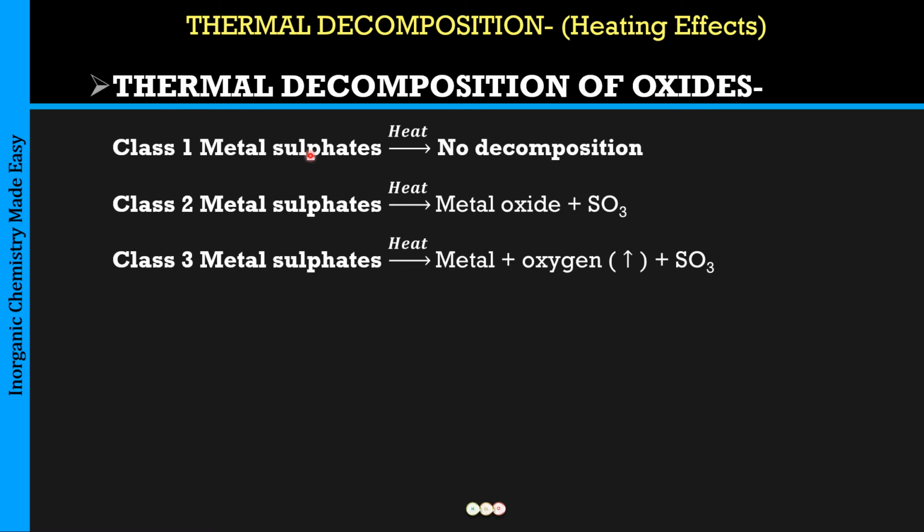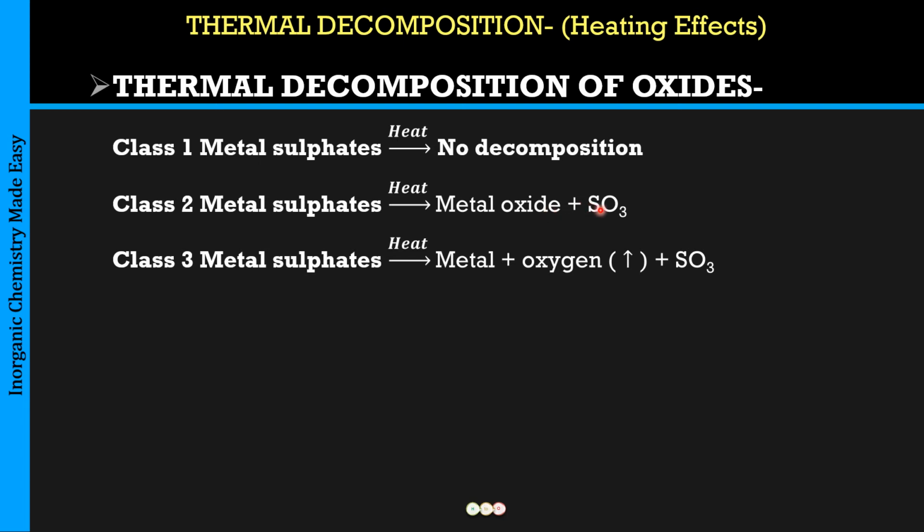So what this means is that the class 1 metal sulfates are stable. They are not breaking down further, so there is no question of seeing a metal oxide over here. Even the sulfates were stable, and the metal oxide will also be stable to heat. Here the class 2 metal sulfates form a metal oxide and sulfur trioxide.